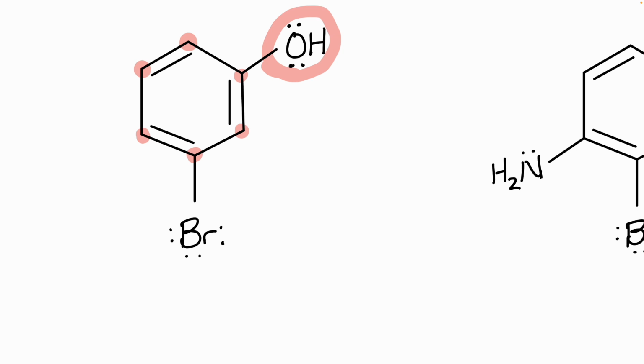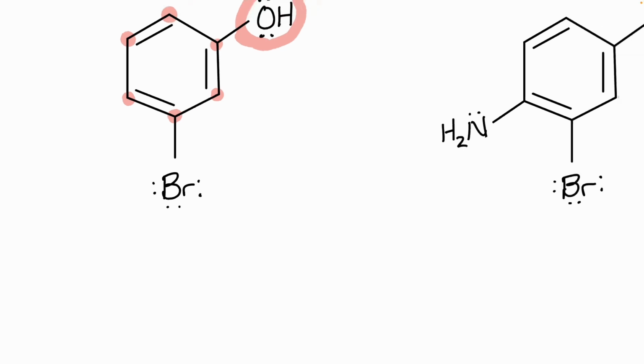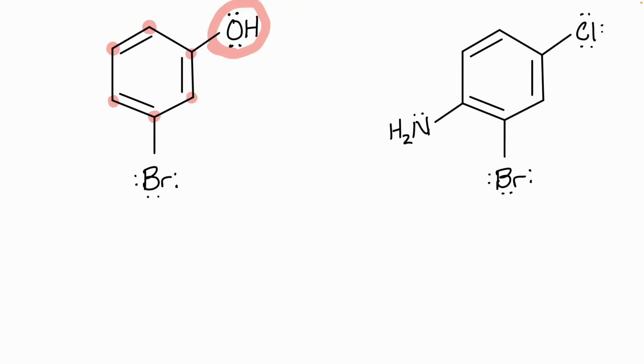Anytime there's only two things on that ring, we're going to use ortho, meta, para. In this case, it's meta. So this would be meta-bromophenol. My bromo group is still treated as a substituent, but now that benzene ring plus its alcohol group is considered my parent chain.